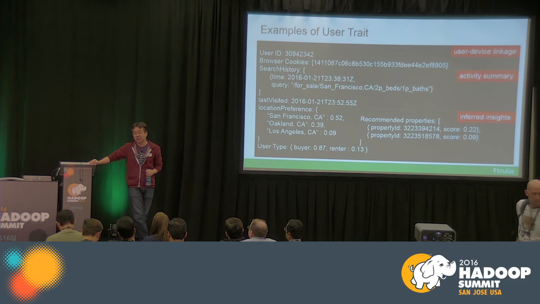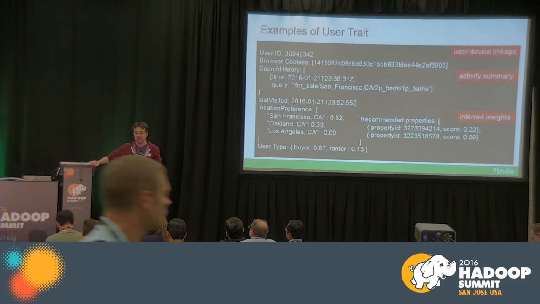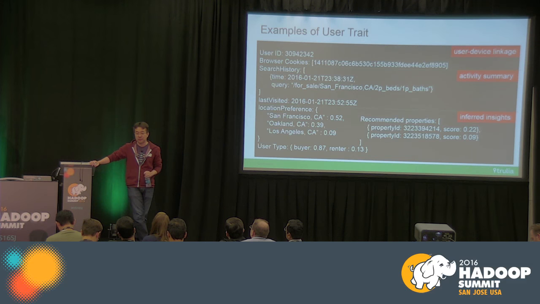That's totally fine for us. From day one we built the user trait with cross-platform in mind, so for us, it's just another browser or another platform that this user is coming from. The tricky part is when multiple people share the same browser, so one browser cookie maps into multiple users.